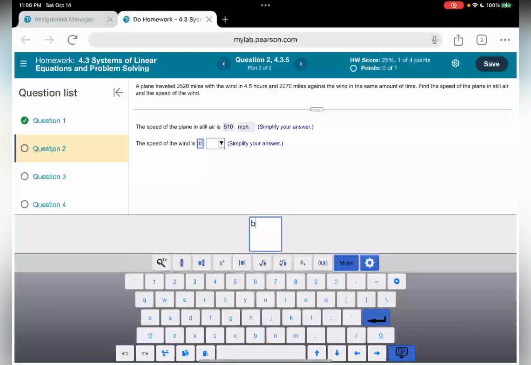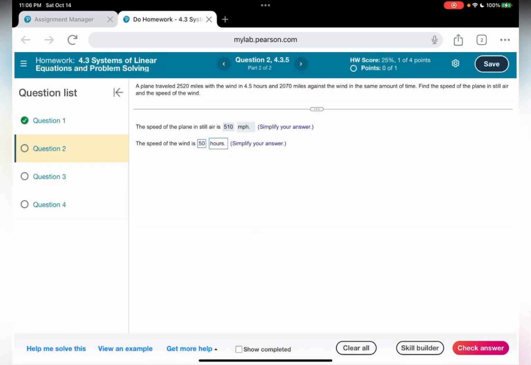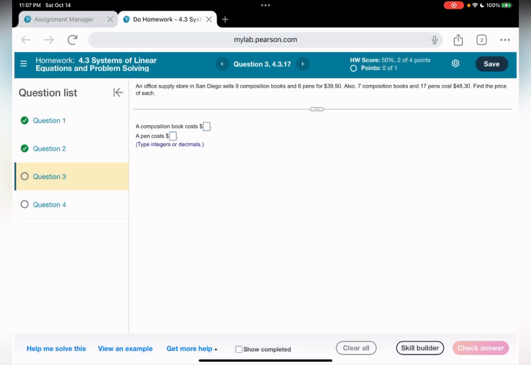Okay. Also miles per hour. What did I put wrong? Let me double check. Oh, I put only hours, okay. Miles per hour here. All right, very good.